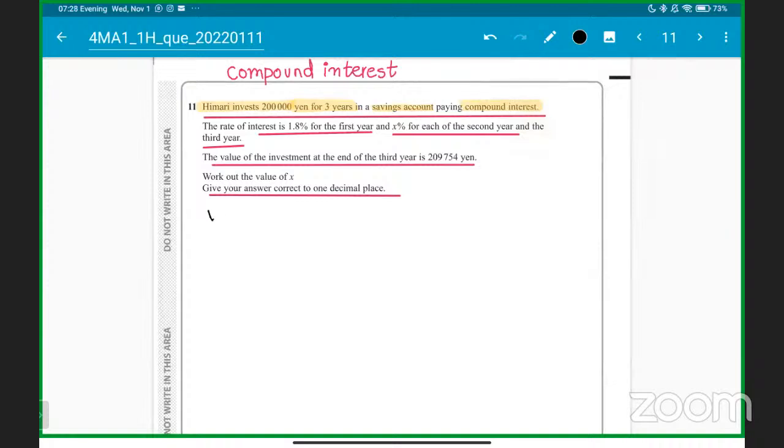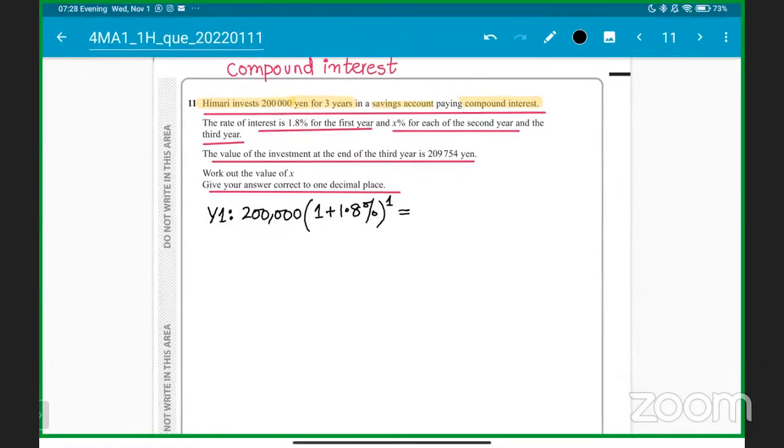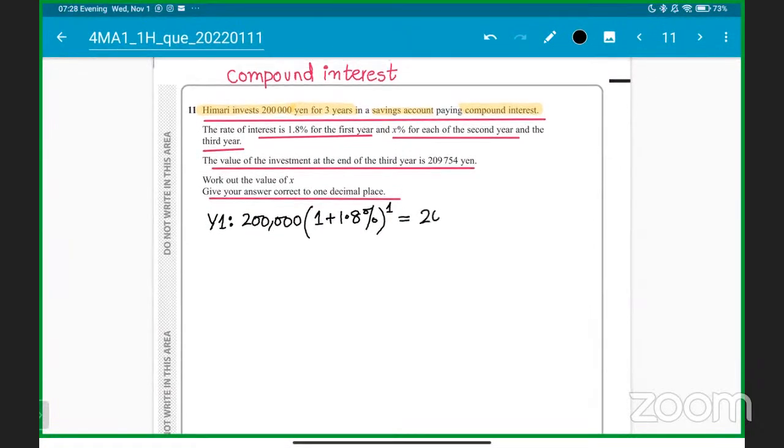Year 1, we got 200,000 yen invested. This is the principal, into 1 plus 1.8% for the first year. So 200,000 into 1 plus 1.8%, and at the end of the first year, the amount was 203,600 yen.